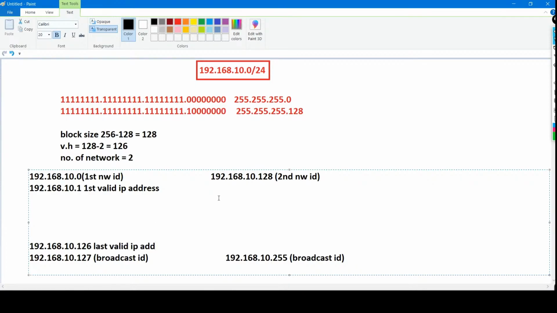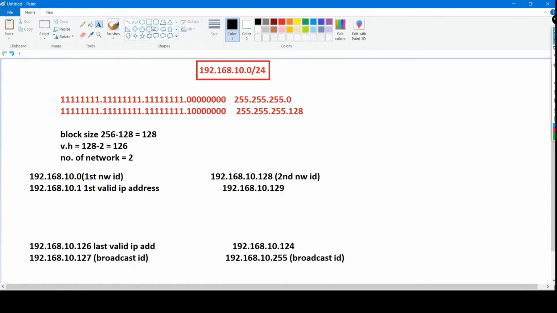And here, what will be the first IP address? 192.168.10.129. And what will be the last valid IP address? The last will be 192.168.10.254. Yes or no? This one is the first valid IP address, and this one is the last valid IP address of the second network.